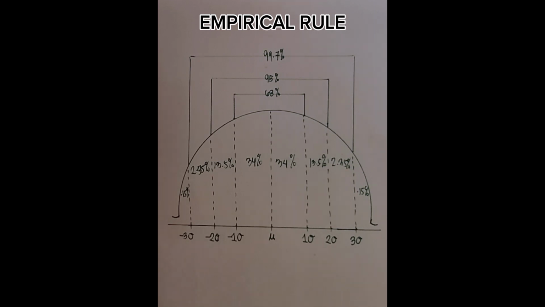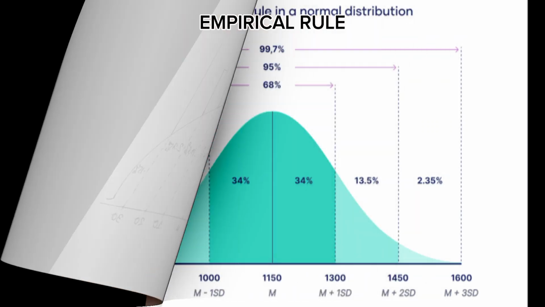So there is a 0.15% chance of getting an x value beyond 3 standard deviations. So these are the values we use, the empirical rule, to solve questions relating to the normal distribution. So take note of this information because it will be useful.